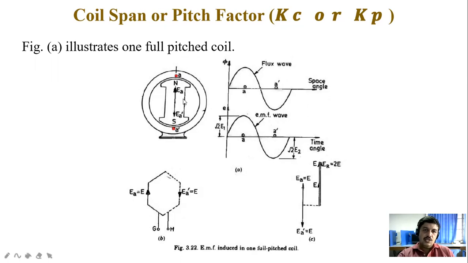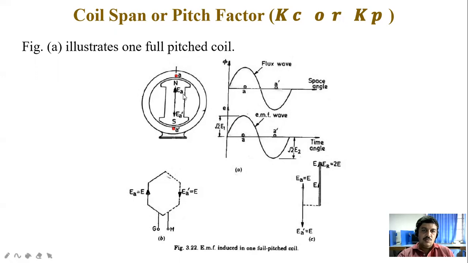When the coil is full pitch, the EMF induced inside the coil sides is maximum because each coil side lies under the maximum flux density. When we consider coil side A or conductor A, that conductor lies under maximum flux density, therefore the maximum amount of EMF gets induced inside that conductor. Coil side A dash also lies under maximum flux density, so the maximum amount of EMF gets induced inside coil side A dash.